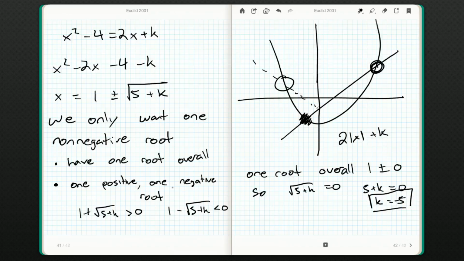And to get our one negative root, in order to ensure that this is a negative root, we're bringing things over to the other side. We can square both sides, so it'll still be 1 less than 5 plus k, and rearranging that, bring the 5 onto the left-hand side, we'll have negative 4 is less than k.